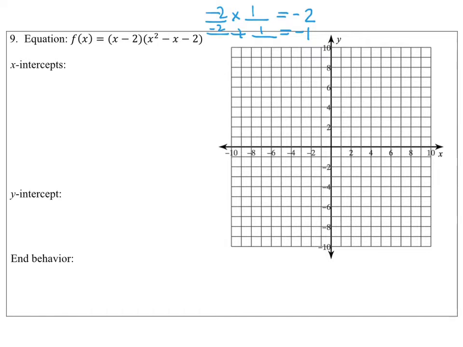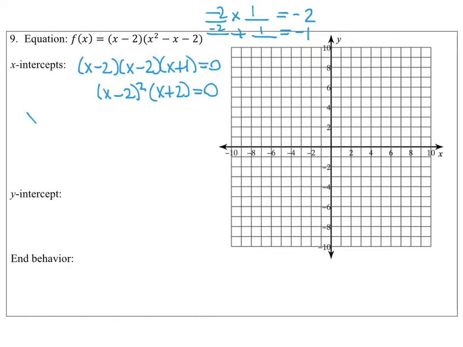So I'm going to rewrite this as x minus 2 times x minus 2 times x plus 1 equals 0, or x minus 2 squared times x plus 1 equals 0. That gives me x-intercepts at x equals 2, which has a multiplicity of 2, and x equals -1, which has a multiplicity of 1.